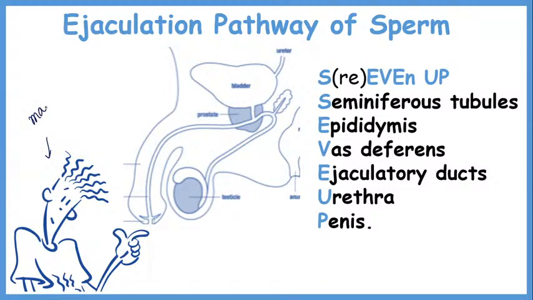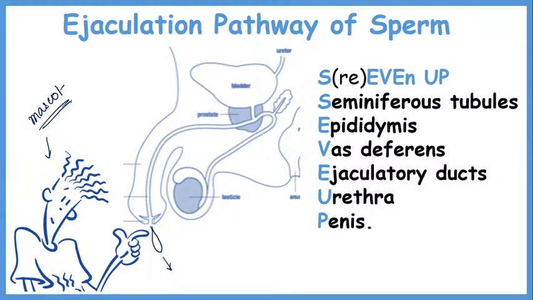This is the mascot of 7-Up. Now this mascot of 7-Up is pointing at the point from which the sperm comes out. Over here the sperm comes out, right? It is correctly pointing at that point, but how the sperm comes to this point, that is important. From the testis, how the sperm comes to the point from where it is going to come out of the body, that is the important part of our discussion. That is our ejaculation pathway.